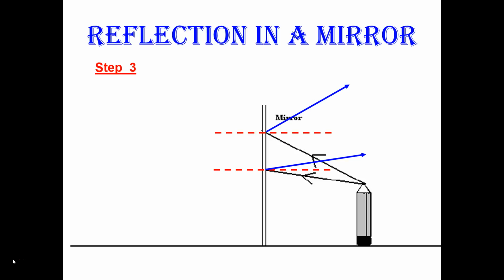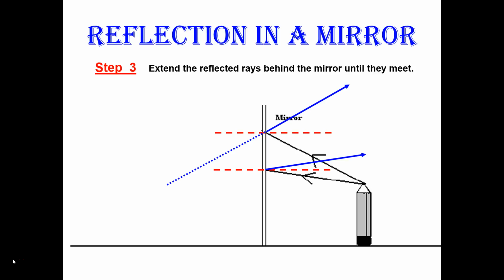So step number 3 is drawing where your brain thinks the light came from. Okay, so to do that, we extend the reflected rays behind the mirror, and we just keep extending them until they meet. So there's one, there's the other, and the point at which they meet is the tip of the pencil.